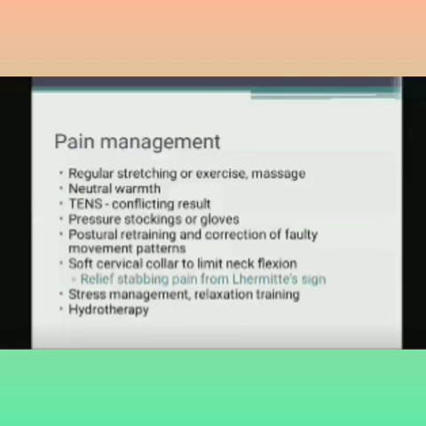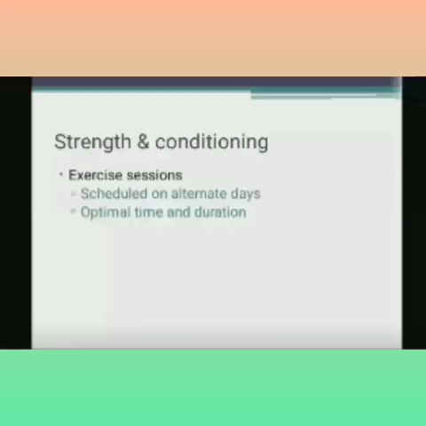Then for other motor symptoms, you have to do the strengthening and conditioning. Obviously for this you have to keep in mind the condition of the patient and what the optimal strengthening procedure will be. If you do a higher intensity strengthening, it may cause deterioration in the condition, so you have to keep that in mind.